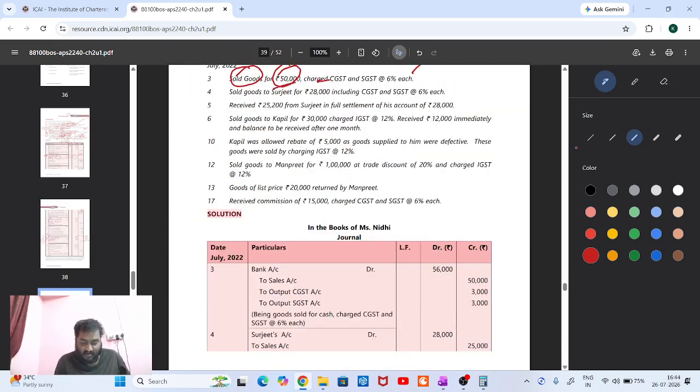Here bank account debit to sales, output CGST, SGST. This is the balancing figure. This is the sale amount, 50,000. This is 6% and 6%. This is the balancing figure. One minute, I'll come.